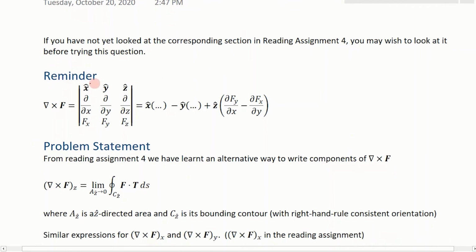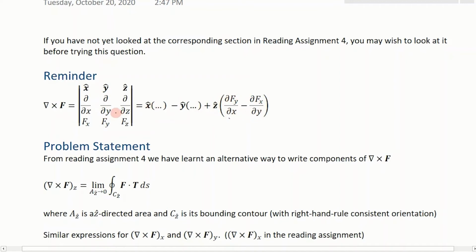Okay, let me start. But first, let me remind you how to find components of curl. So you have a curl of a vector field. The vector field has three components, fx, fy, and fz. You would have these del operator components over here. And then the x component you would find, but I only want to focus on the z component, so I only expanded out the z component.